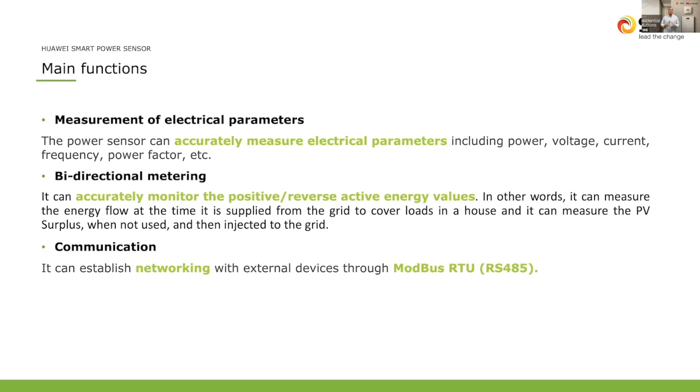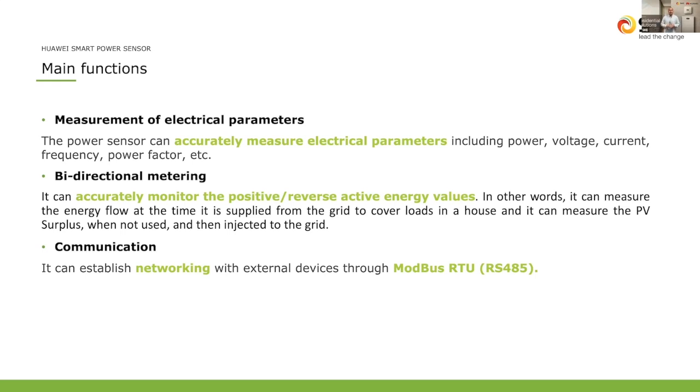Continuing with the main functions of our smart power sensors, the smart power sensors can perform three different types of functions. The first is the measurement of electrical parameters. As we have learned in the past, our smart power sensor works together with what we know as the AC current transformer, shortened to CTs.